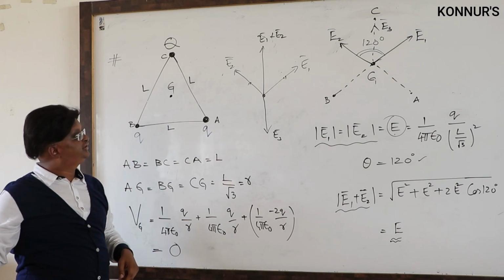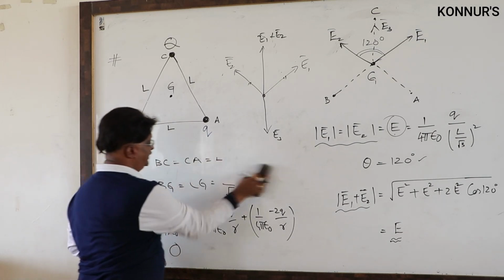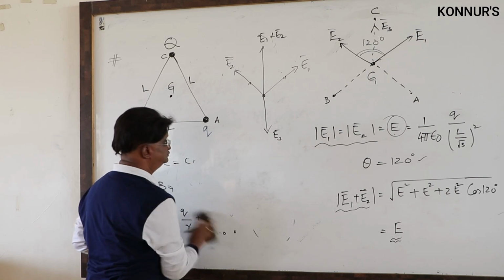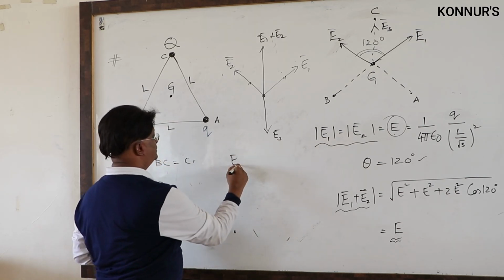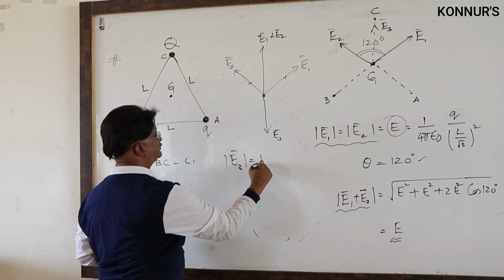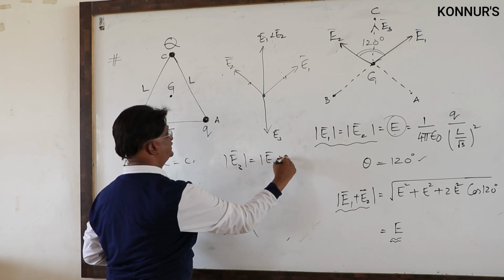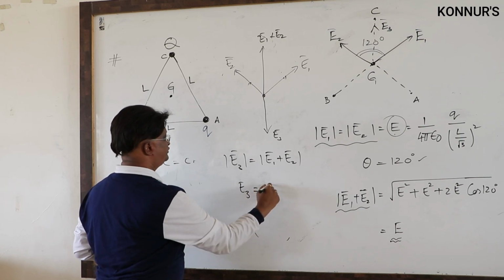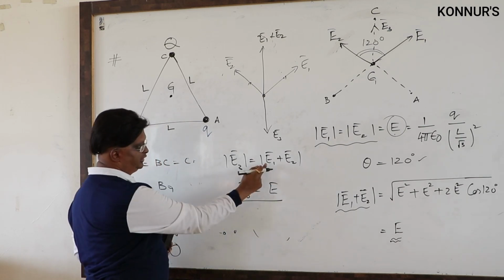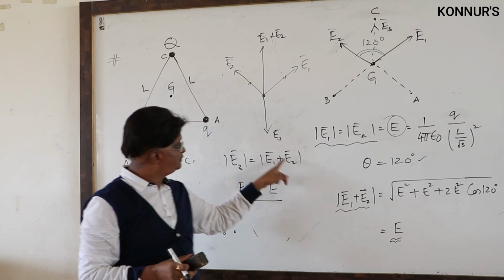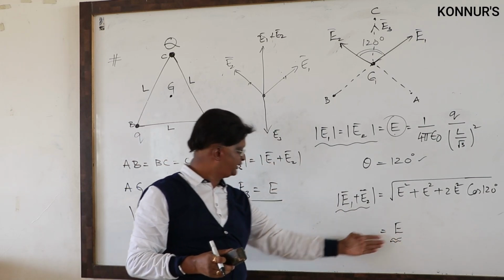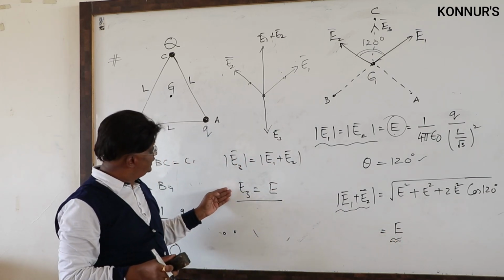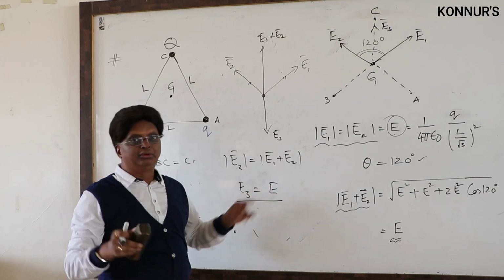Now what will be the condition for the net field to be 0? Now I am writing mod E3 bar is equal to mod E1 bar plus E2 bar. Therefore E3 is equal to E, because already we have calculated mod E1 bar plus E2 bar is equal to E. We have shown that, right? So mod E3 bar should be equal to E.